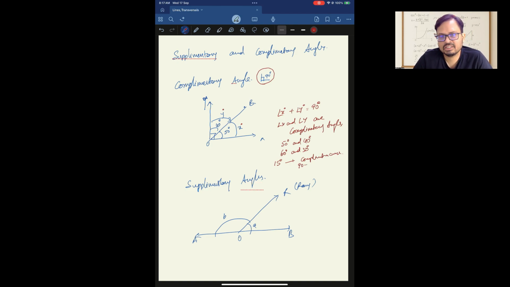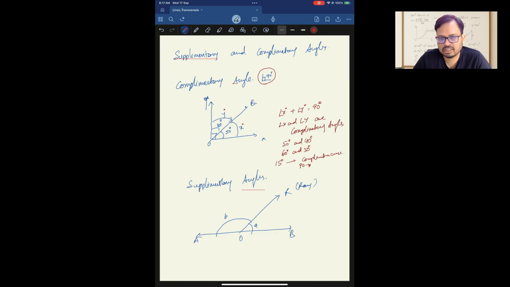A supplementary angle is one where both angles together sum to 180, whereas with complementary angles, both angles sum to 90 degrees. So one way of looking at it is, if angle X is one angle, the complementary angle is 90 minus X. The supplementary angle of X is 180 minus X. So in this last case, A and B are said to be in a linear pair.